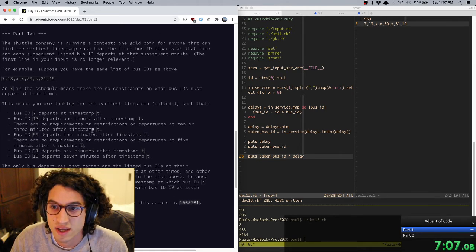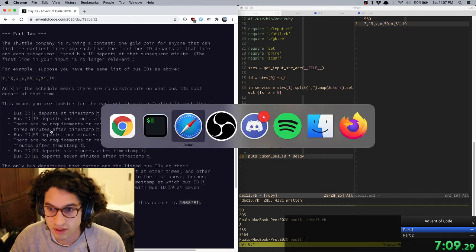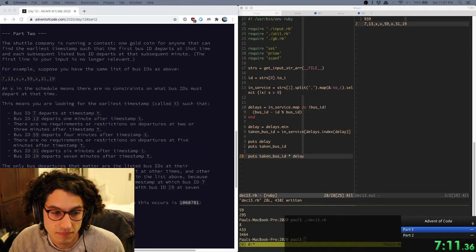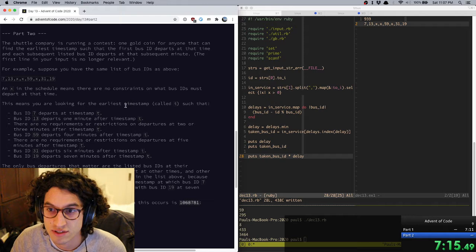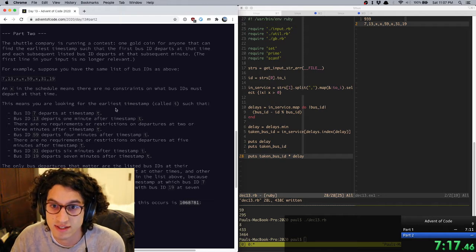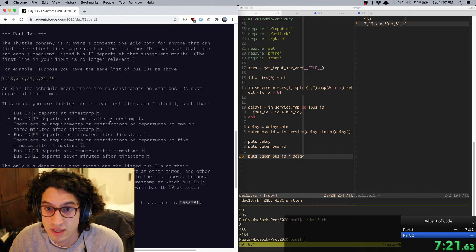Shuttle Company is running a contest, one gold coin, for anyone that can find the earliest timestamp such that the first bus ID departs at that time and each subsequent listed bus ID departs at that subsequent minute.